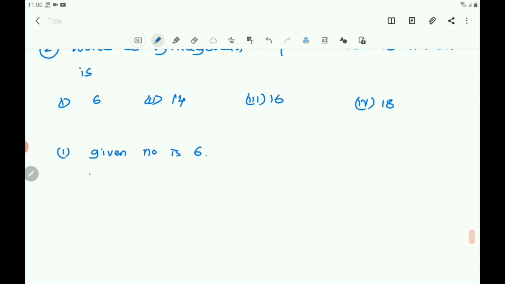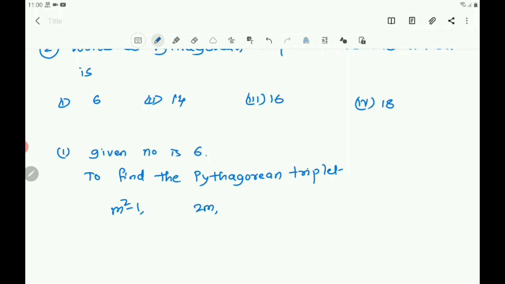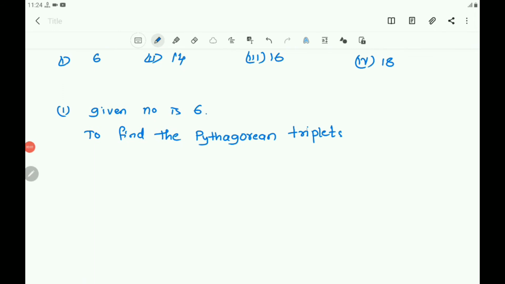To find the Pythagorean triplet, for m greater than 1, m square minus 1, 2m and m square plus 1 are Pythagorean triplets.